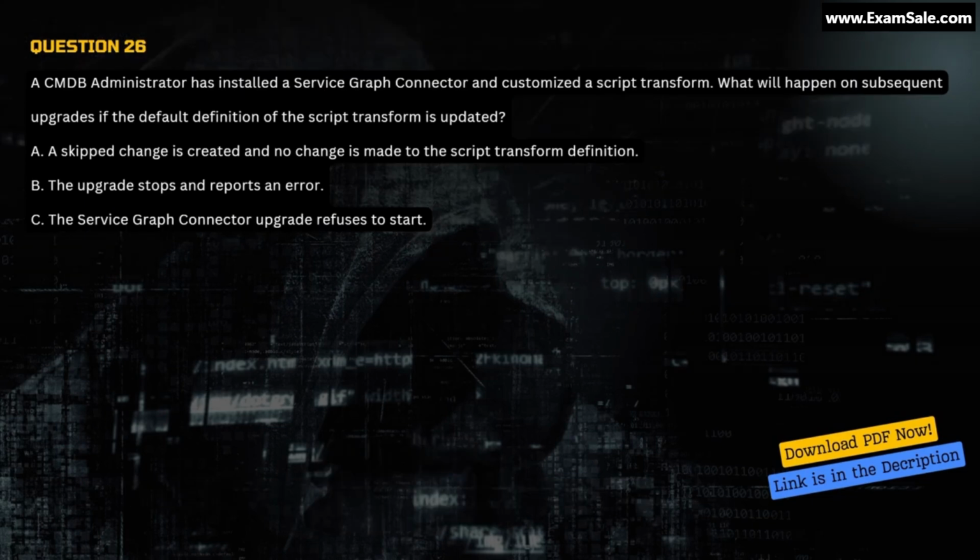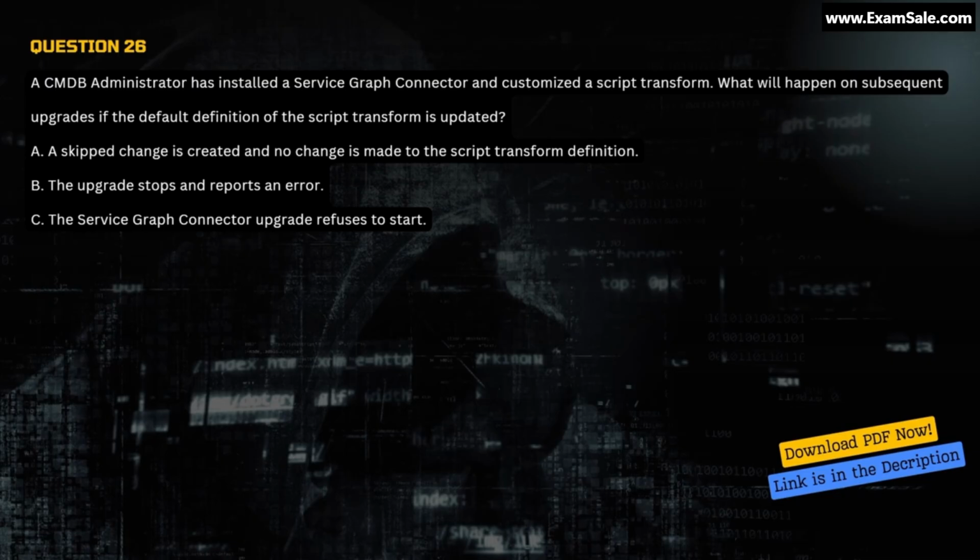Question 26. A CMDB administrator has installed a Service Graph connector and customized a script transform. What will happen on subsequent upgrades if the default definition of the script transform is updated? A. A skip change is created and no change is made to the script transform definition. B. The upgrade stops and reports an error.